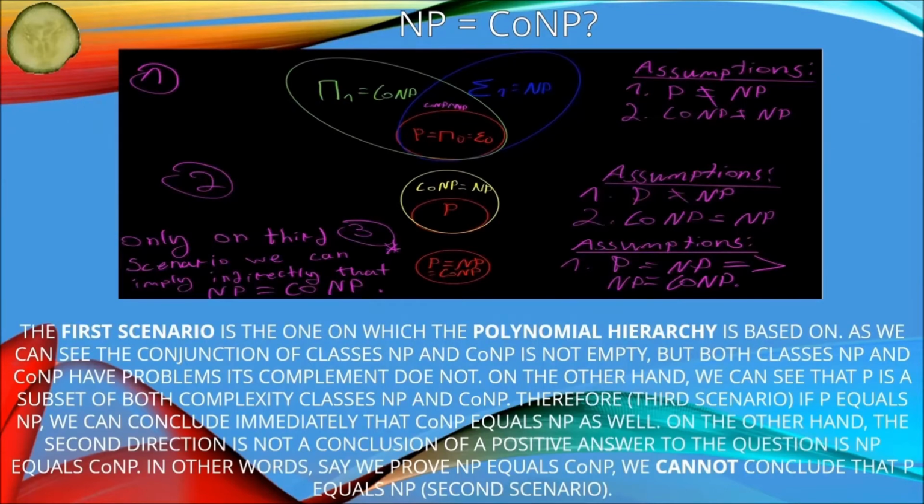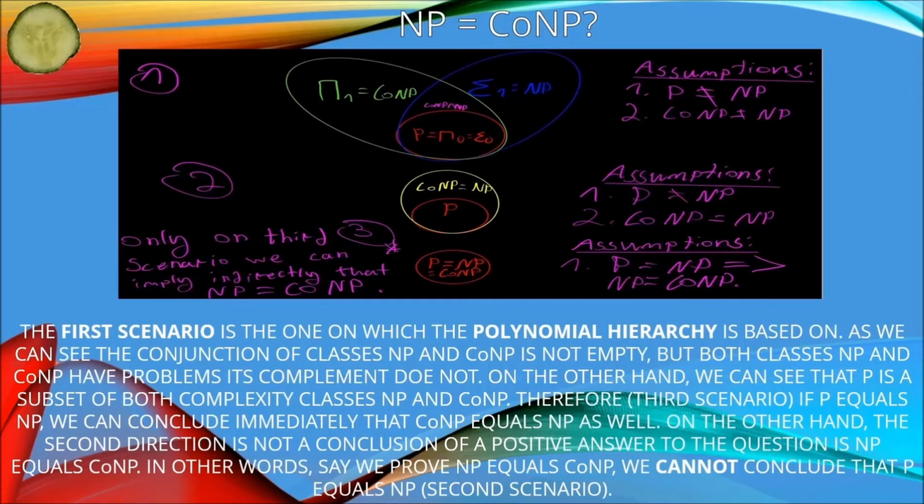To understand this question, we will look at the first two levels of the polynomial hierarchy. The first scenario is the one on which the polynomial hierarchy is based. As we can see, the intersection of classes NP and CoNP is not empty, but both classes NP and CoNP have problems whose complement they do not contain. On the other hand, we can see that P is a subset of both complexity classes NP and CoNP.